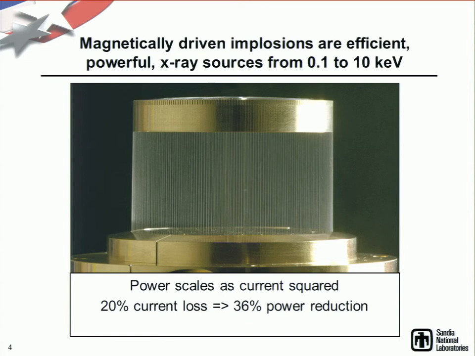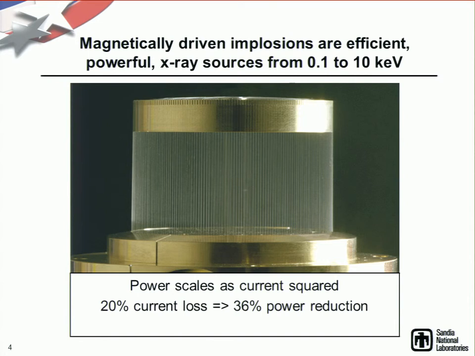So what does a Z-pinch look like? You have a cylindrical array of very, very fine wires. These are on the order of a tenth of a human hair in diameter, in the 10 micron range, but it's tough to really understand what that is.